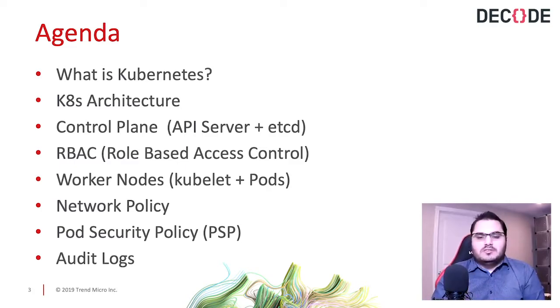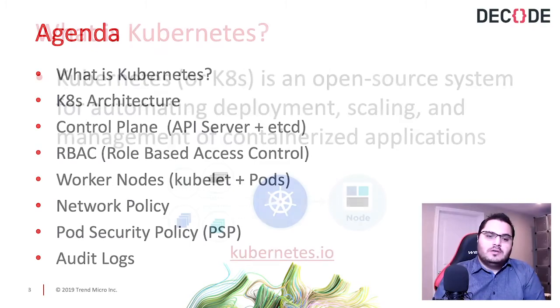Pod security policies as well, as another way of securing all the pods on your cluster. And lastly, but not least, we're going to talk about audit logs and why they're important for you to have visibility and just better security on what's happening on your cluster.